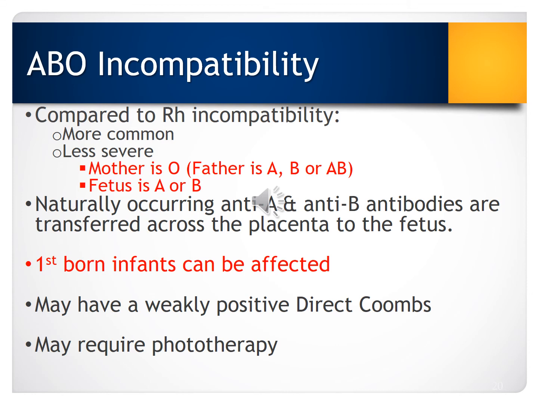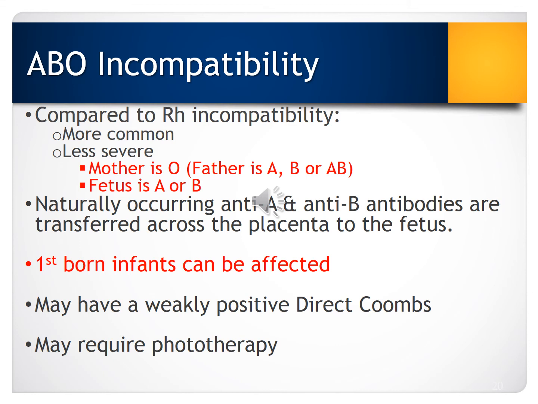Then we have O blood type, which has no antigens but has antibodies to both A and B. So O blood type is the universal donor because it contains no antigens. Therefore, A blood can get it, B blood can get it, AB blood can get O.